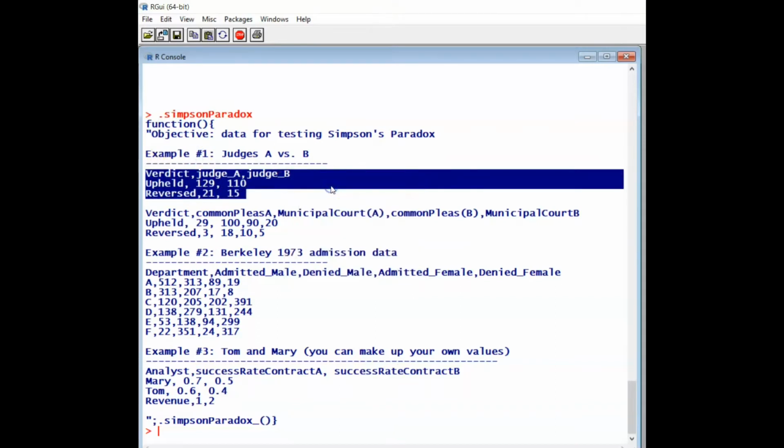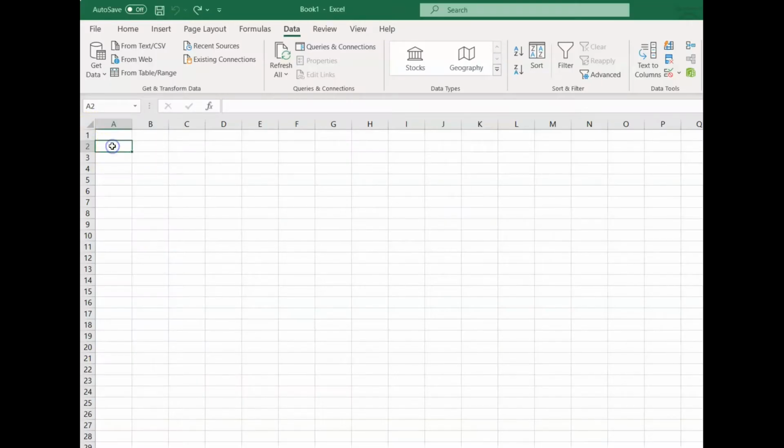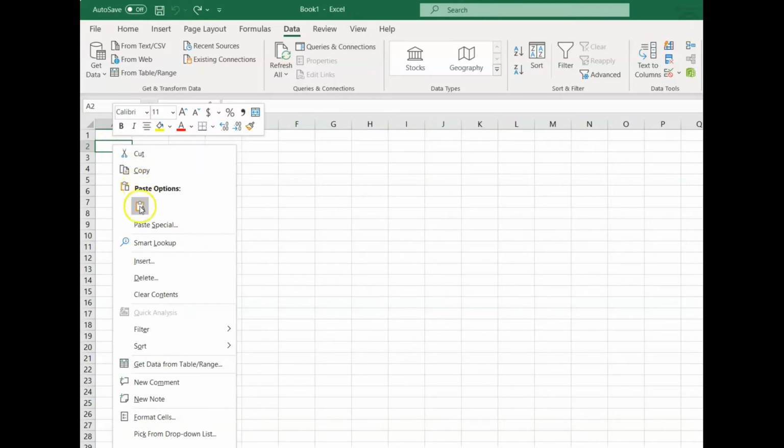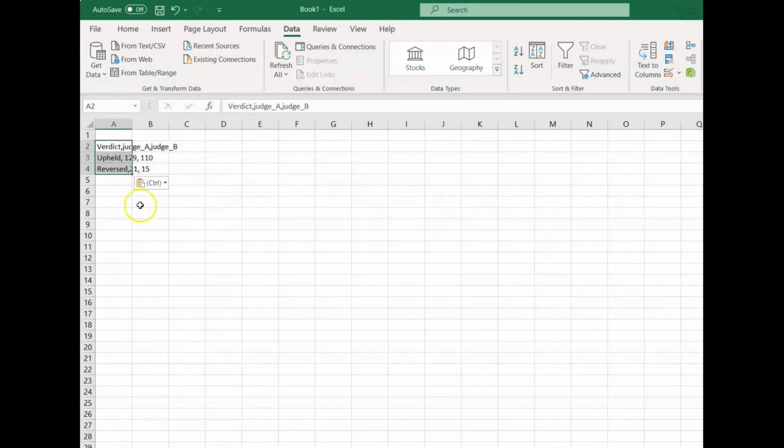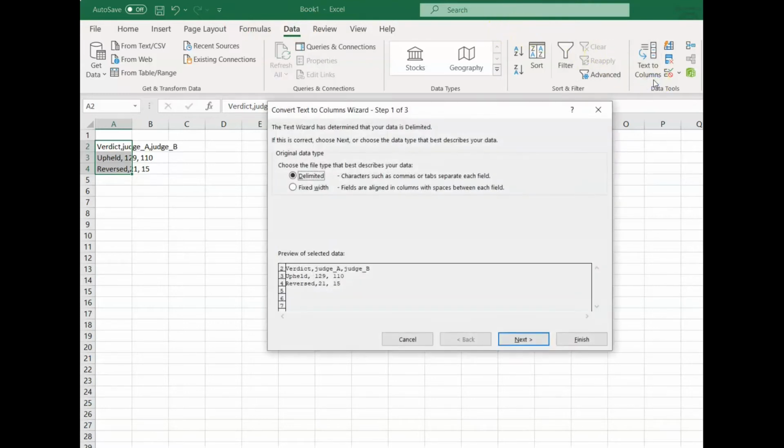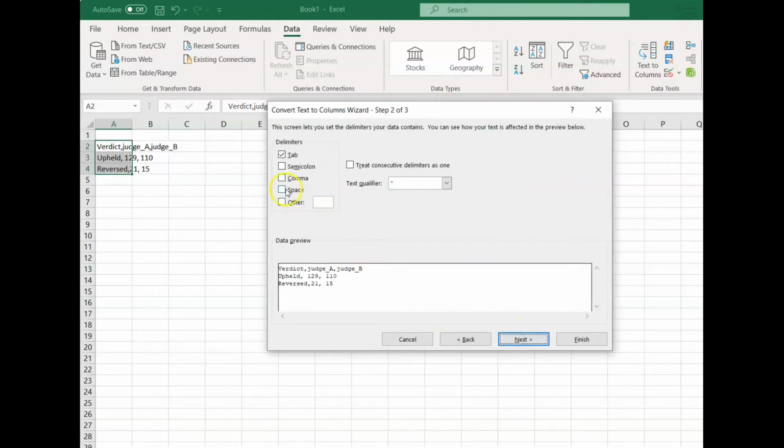We simply copy and go to Excel. So we launch Excel, then we paste our data there. Because this data set is not separated nicely, we have to choose the column, then click Data and Text to Columns.